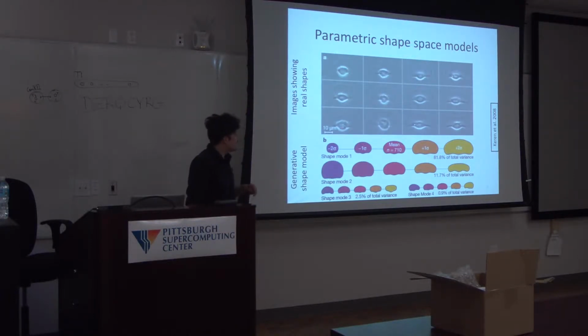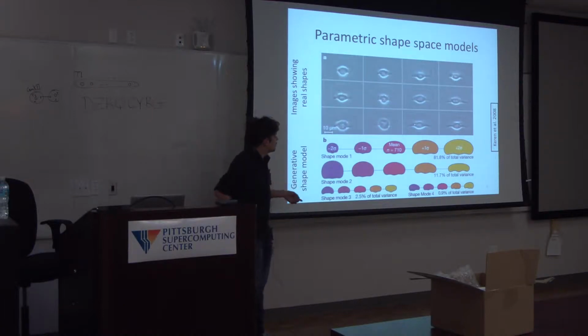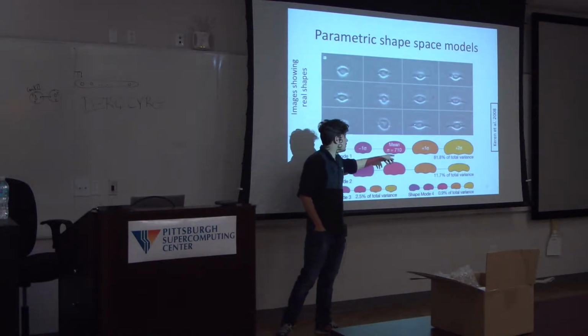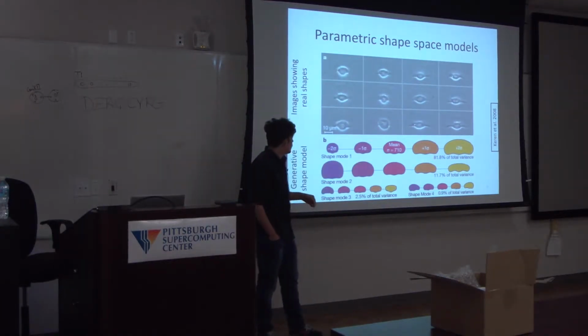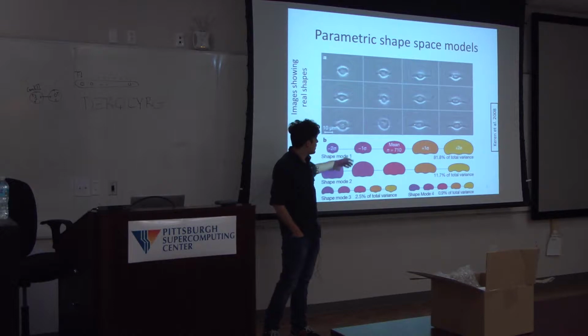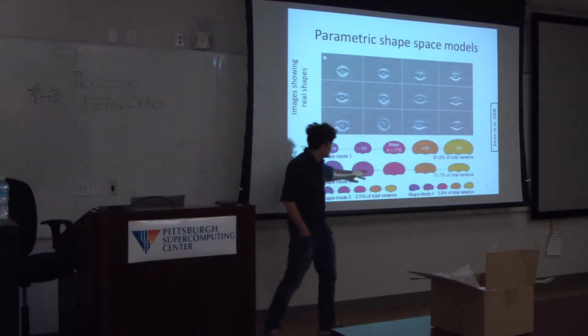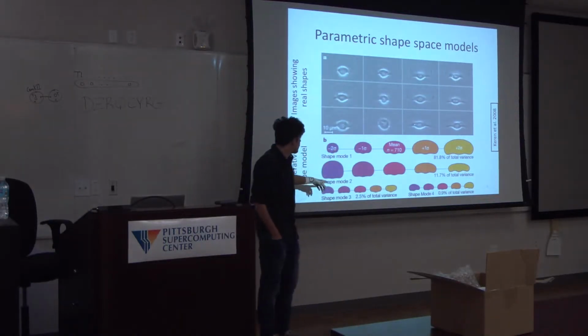And then all those vectors that describe the cell shape are PCA'd, and the principal components are displayed, such as here. The first shape mode using this model, given these cells, is the size of the cell. The second shape mode is a combination of size and eccentricity, and so on and so forth.